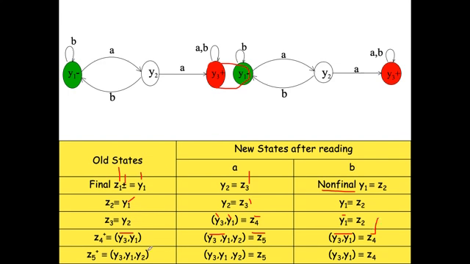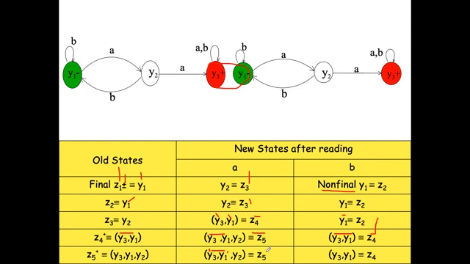Now Y3, Y1, Y2. Now Y3 reading A, we go to Y3, Y1. Y1 reading A, we go to Y2. Y2 reading A, we go to Y3.